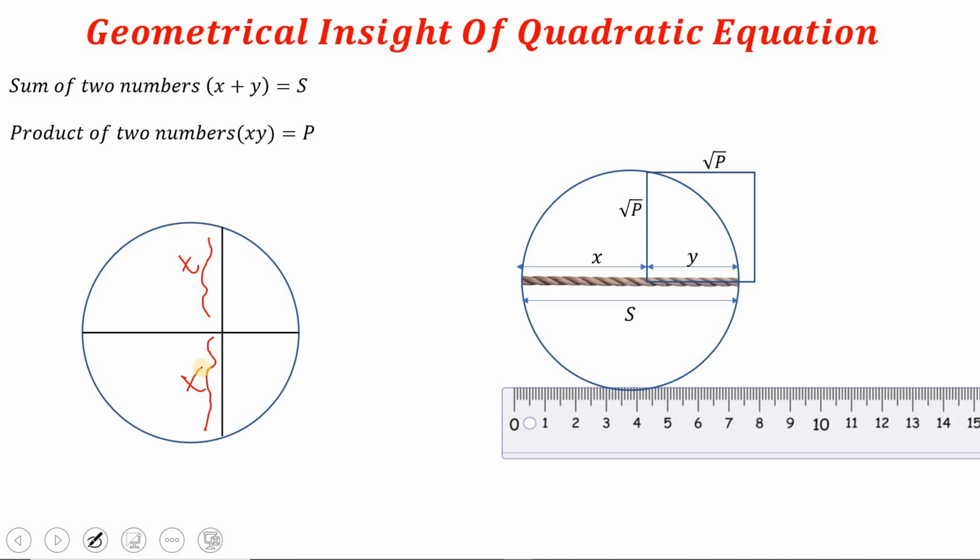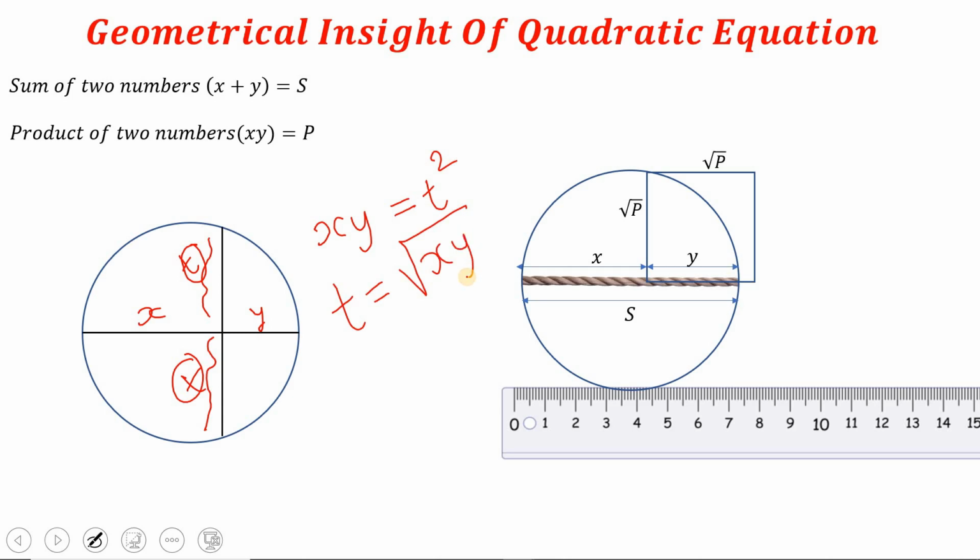Then we have already called this length x and this length y, and in a circle the interesting relation is that the product of the two lengths x and y is equal to the product of these two lengths t and t, so t squared. Hence t is nothing but the square root of xy.